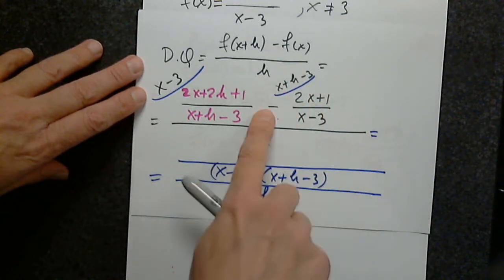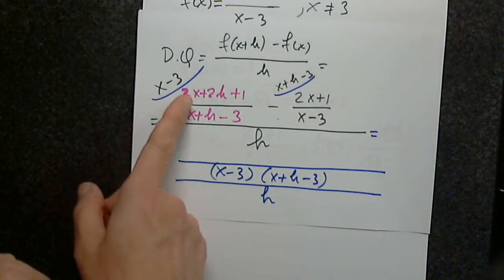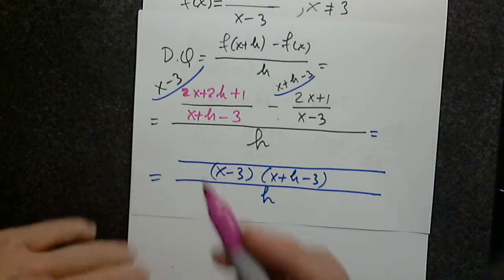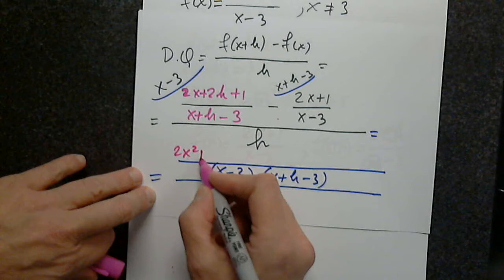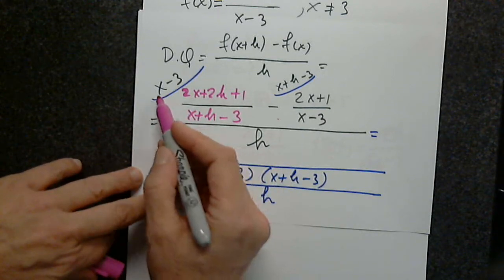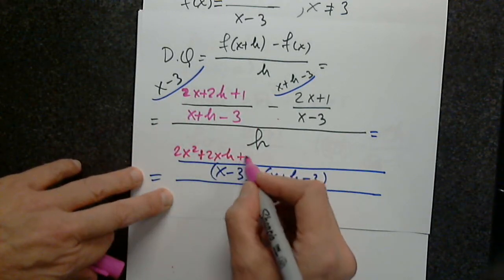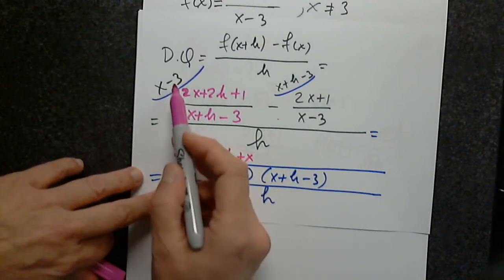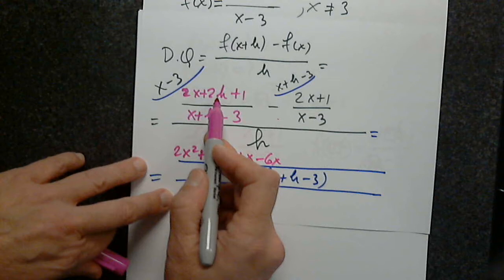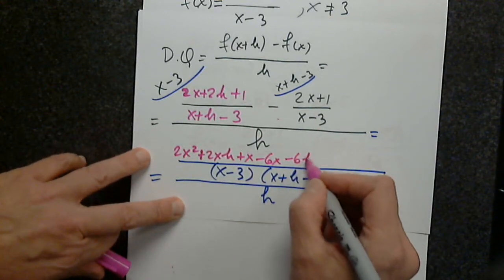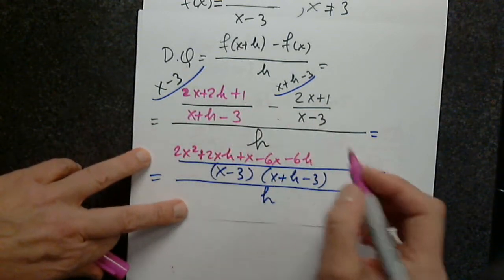So x times 2x, x times 2h, x times 1, with the sign as well. −3 times 2x, −3 times 2h, −3 times 1.